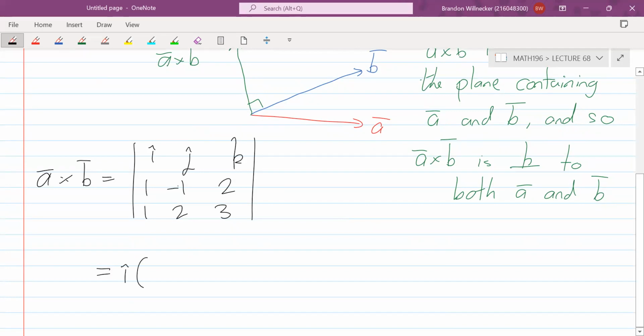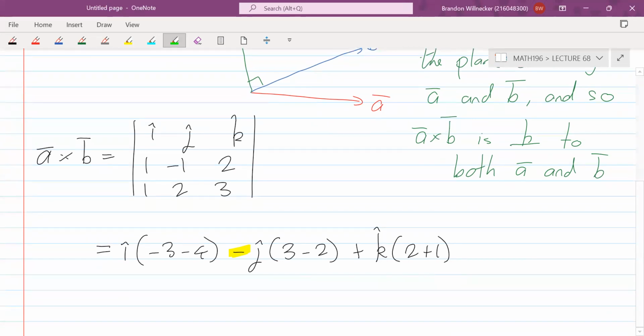Then we take the cross product, so we put down i first, and then we're going to have -3, -4 as the first component. Then we have -j, don't forget the minus here. You have to put -j. That's going to give us 3 - 2. And plus k, and that's going to be 2 + 1.